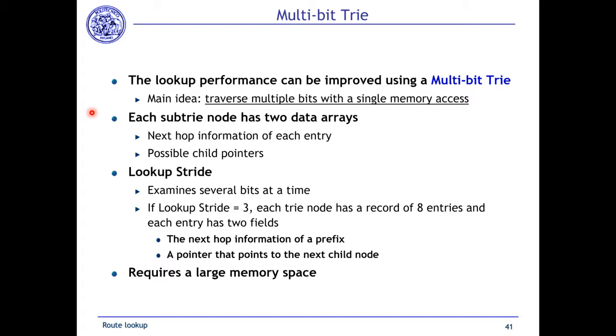Okay, so it must have 8 entries to hold the content in terms of next hop information, and also 8 entries in order to hold the pointers to possible other nodes in the tree that are reachable from that node. This improves the lookup performance, because we can do the lookup operation faster, but it requires a larger memory.